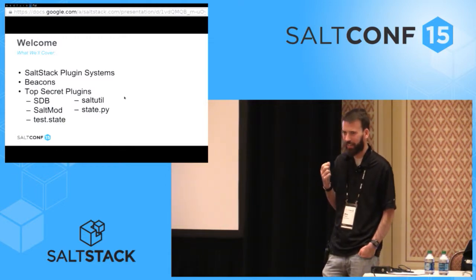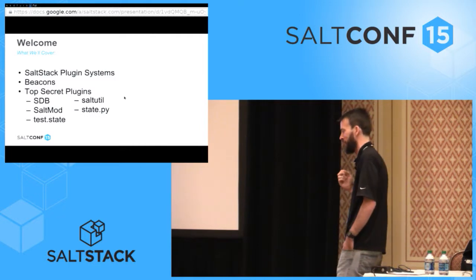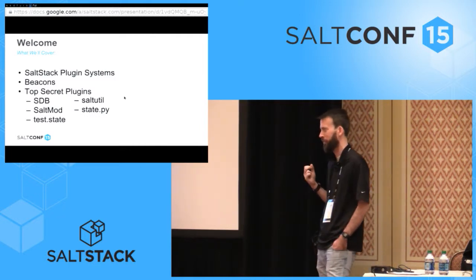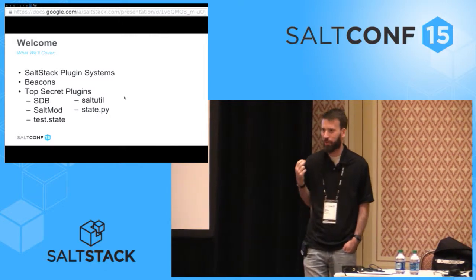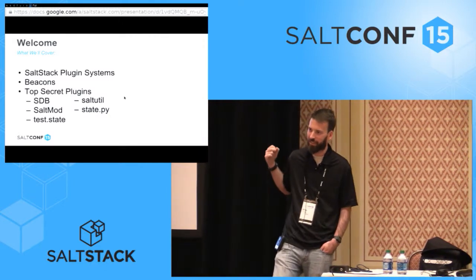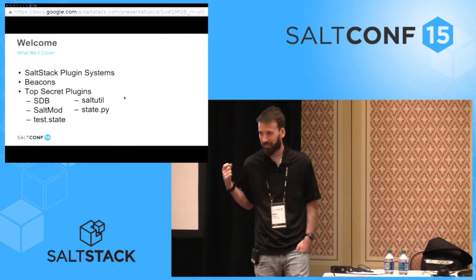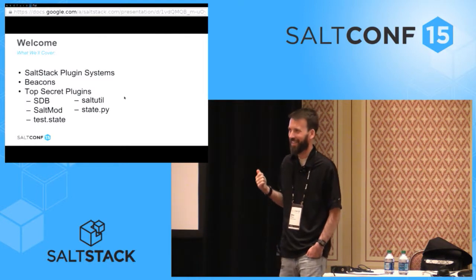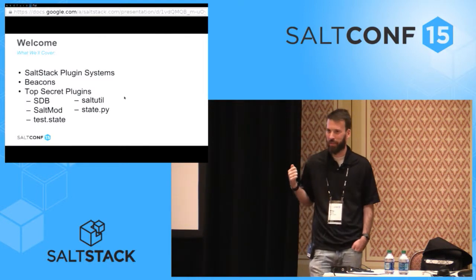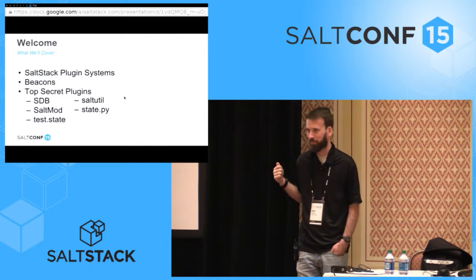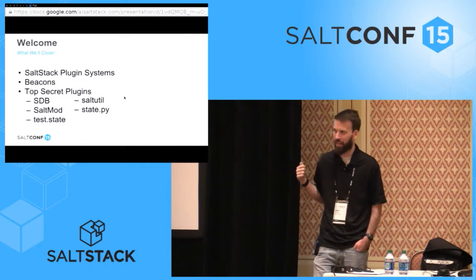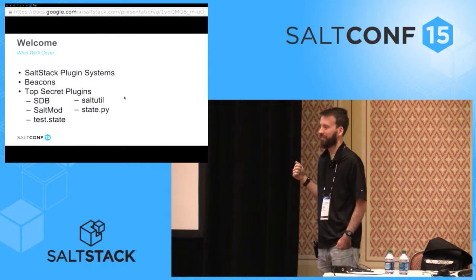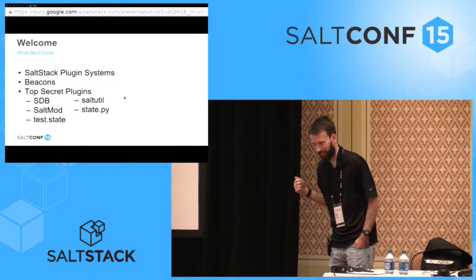Just out of curiosity, because I'm interested to see if people know the answer or if they're anywhere close, how many individual pluggable systems are there in Salt right now? Anyone guess? More than two, yes, correct. More than 5? More than 10? More than 20? Yes.